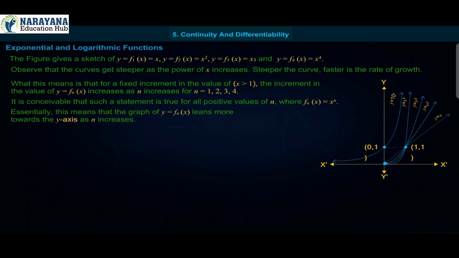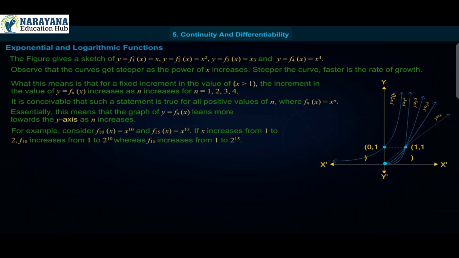Essentially, this means that the graph of y is equal to fn of x leans more towards the y-axis as n increases. For example, consider f10 of x is equal to x raised to 10 and f15 of x is equal to x raised to 15.